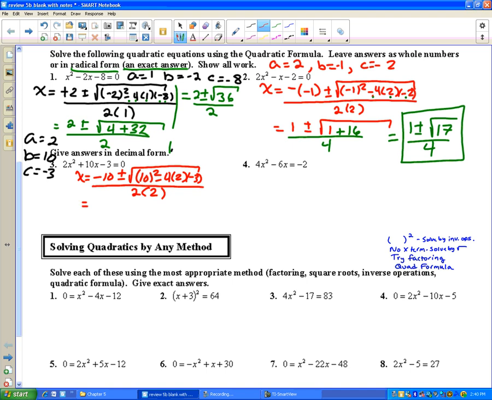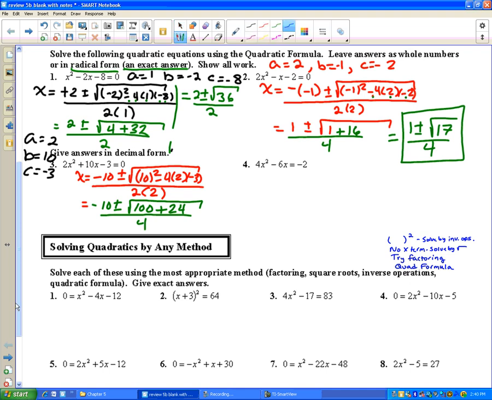Simplify, that is, use a different color, negative 10 plus or minus the square root of 10 squared is 100. Negative 4 times 2 is negative 8 times a negative 3 is a positive 24, divided by 4.